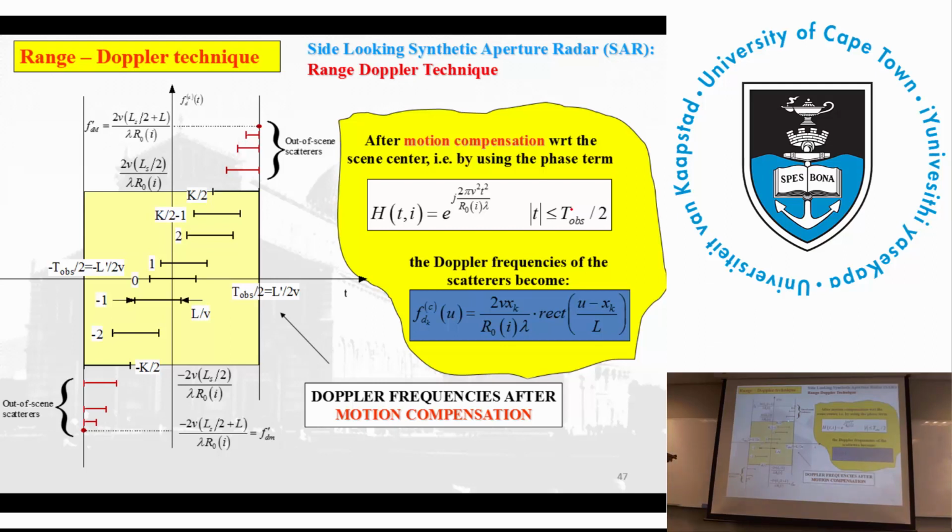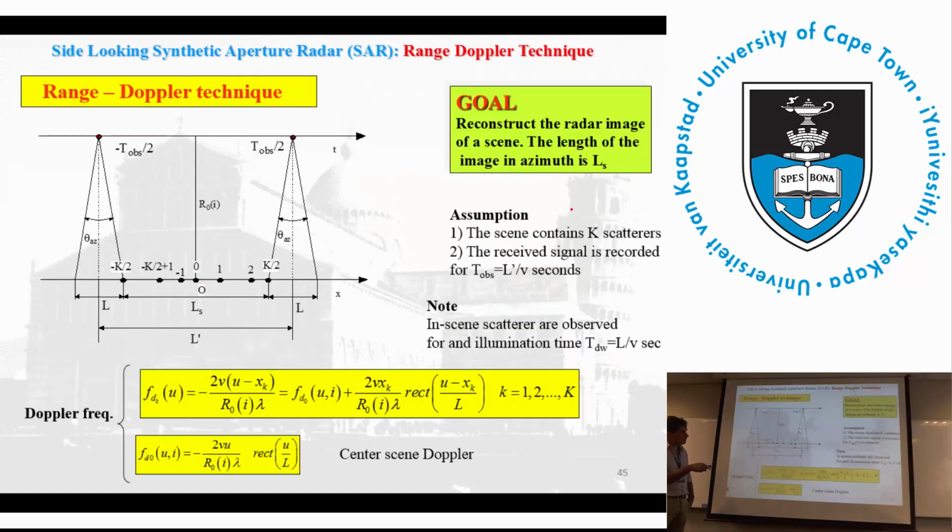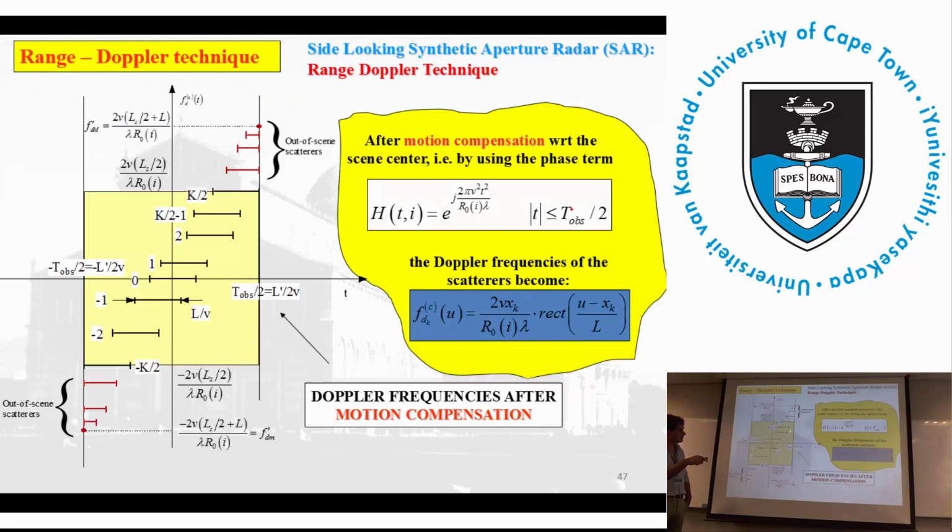And you get to a point where you get a maximum frequency up here, okay, for the scatterer that sits right at the border, this one here and this one here. They generate this maximum and this minimum frequency. And these are the partially in-scene scatterers that do not produce full-blown Doppler frequency.